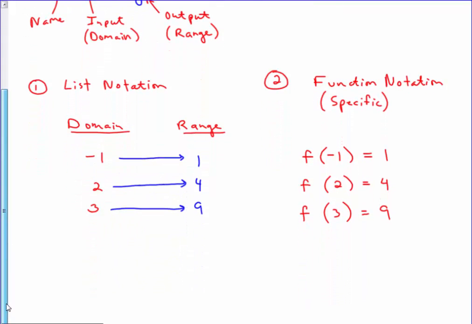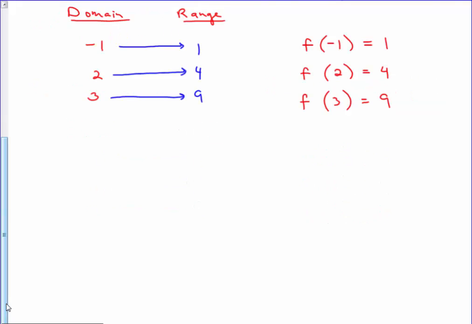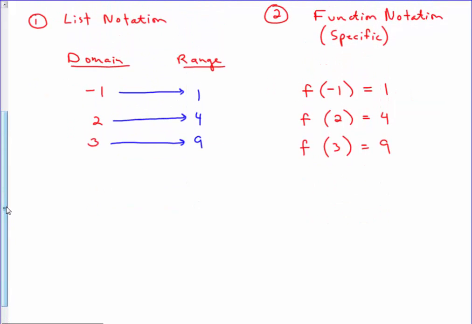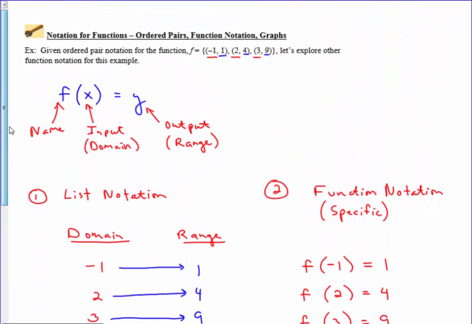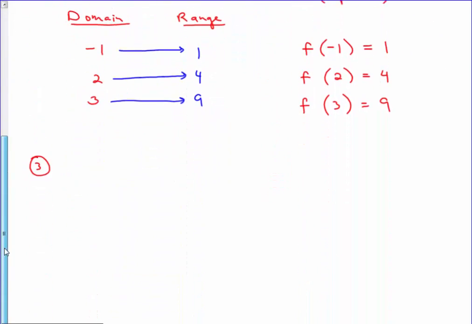All right, let's look at another way to denote these. We were given at the beginning of the problem a set of ordered pairs. What we can do with those ordered pairs is we can plot them on an xy axis.